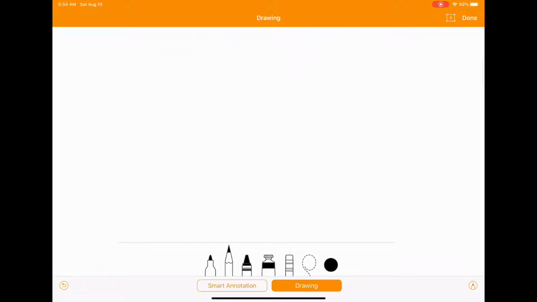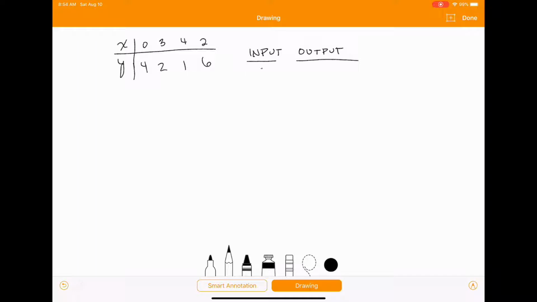However, if we had something like this, we're going to go ahead and do our mapping diagram. So we're going to put these in numerical order.